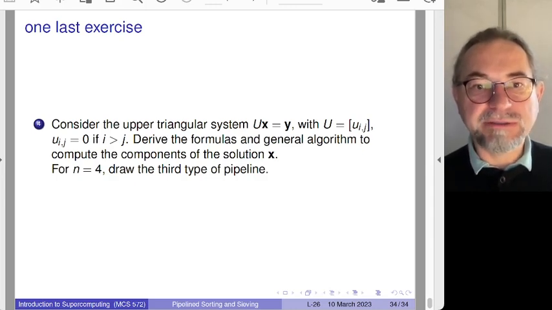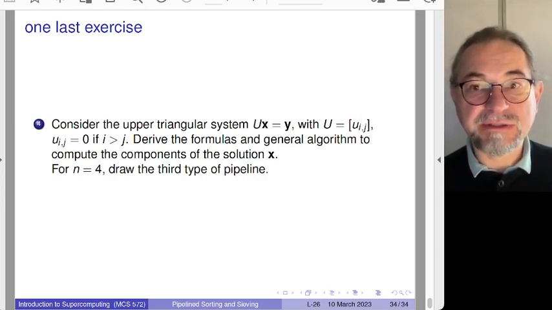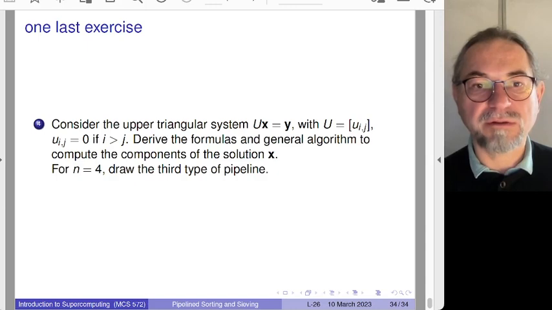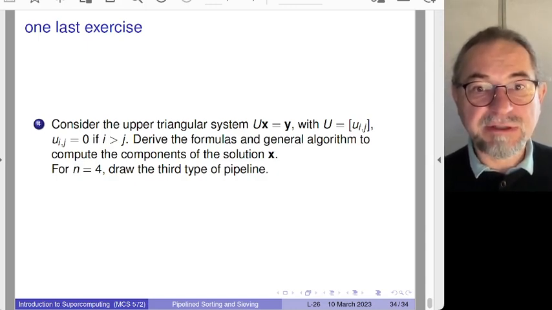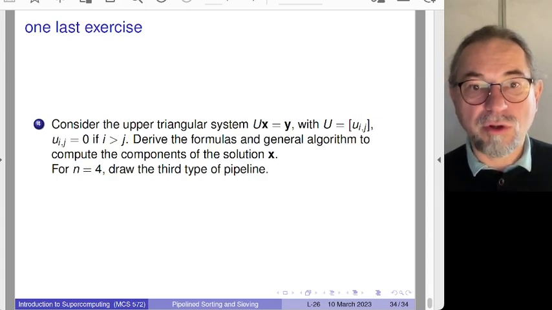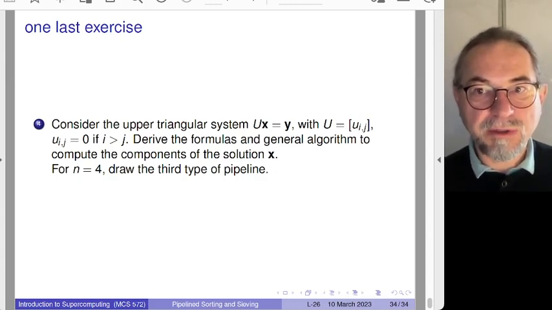So the formulas differ in the sense that you also have a division that happens before the final assignment. The purpose of this exercise is also to draw the pipeline in great detail.